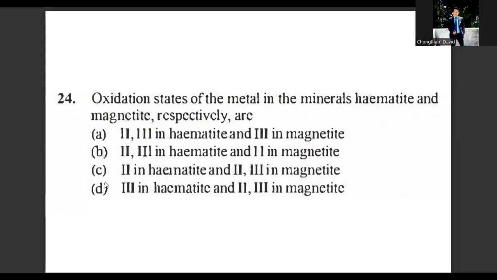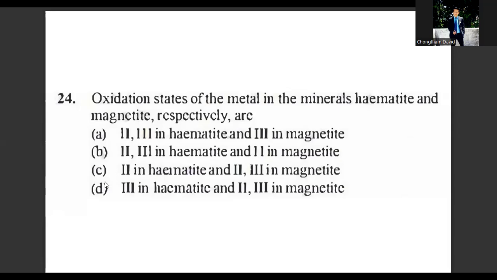Question number 24. Oxidation states of the metal in the minerals hematite and magnetite respectively are: 2, 3 in hematite and 3 in magnetite, and so on. Read the statements and answer the question. 2, 3 in hematite and 2 in magnetite; 2 in hematite and 2, 3 in magnetite; 3 in hematite and 2, 3 in magnetite.